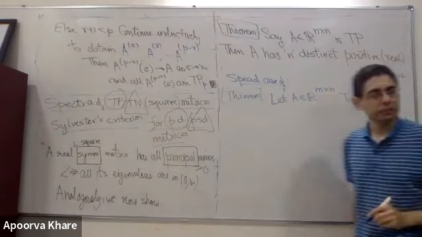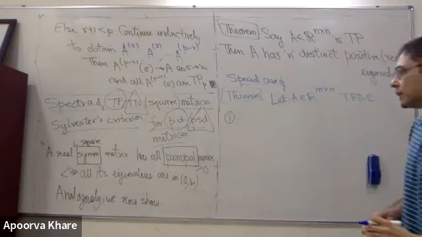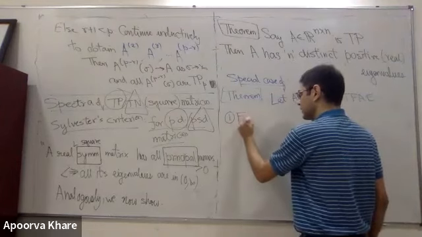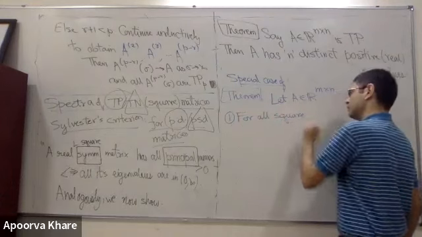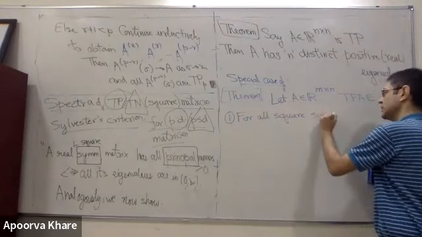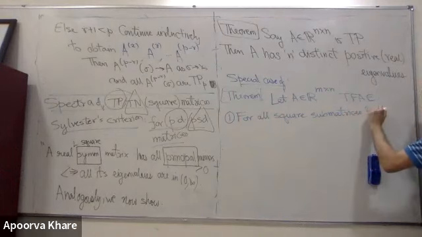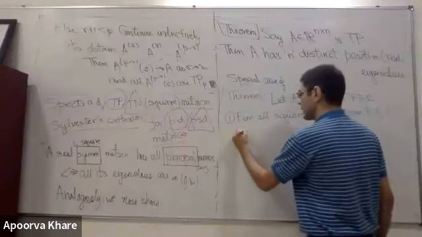The following are equivalent. One, all the minors of, so for all square submatrices B of A, all the determinants of B are positive, all minors of B positive.